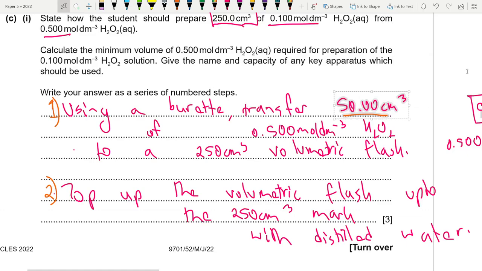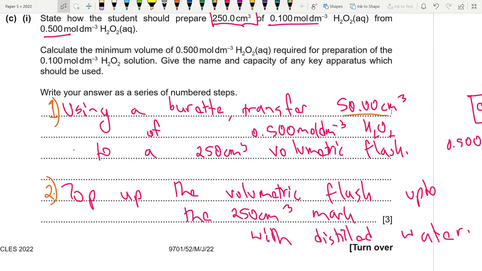In the mark scheme they just mentioned 50, but this should be ideal for you, because a burette measures up to 2 decimal places. So using a burette, transfer 50.00 cm³ of 0.500 mol per dm³ H2O2, hydrogen peroxide, to a 250 cm³ volumetric flask. So we need a burette and a volumetric flask. We just transferred 50 cm³ there.